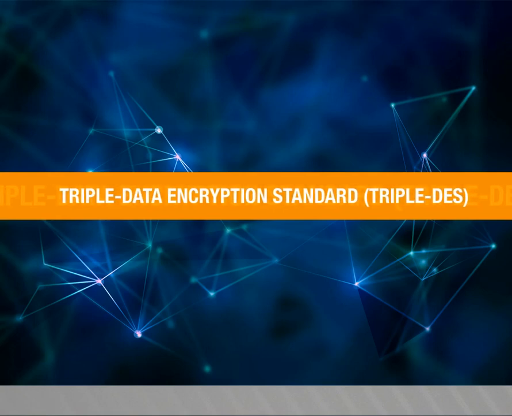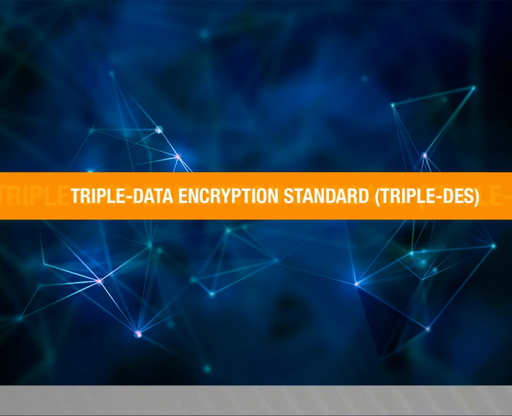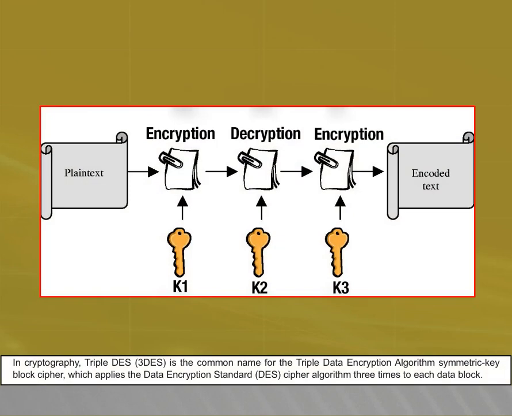Triple Data Encryption Standard, Triple DES. In this video, we are going to see about Triple Data Encryption Standard, Triple DES. In cryptography, Triple DES is a common name for the Triple Data Encryption Algorithm symmetric key block cipher, which applies the Data Encryption Standard DES cipher algorithm 3 times to each data block.